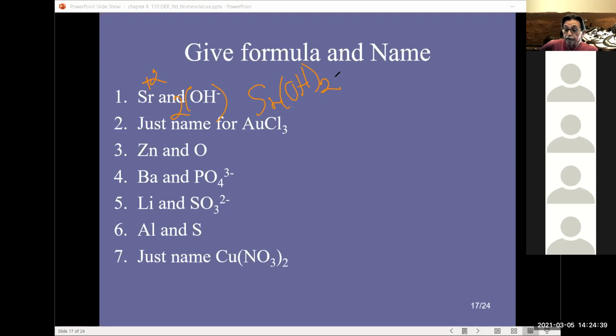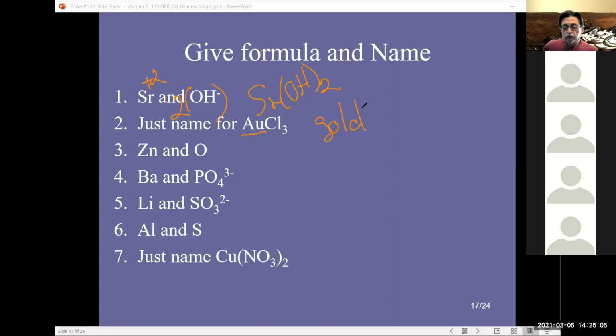We don't give the Roman numeral 2. Why? Because it's a constant, fixed oxidation number, not a variable. So it's just strictly strontium hydroxide. All right, so now we go to number 2. We have Au, which is gold.